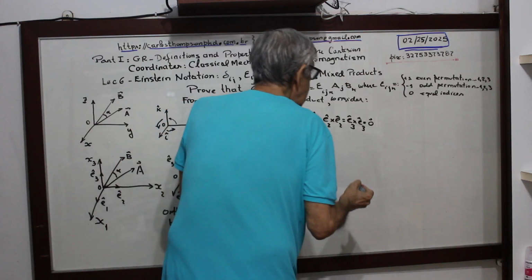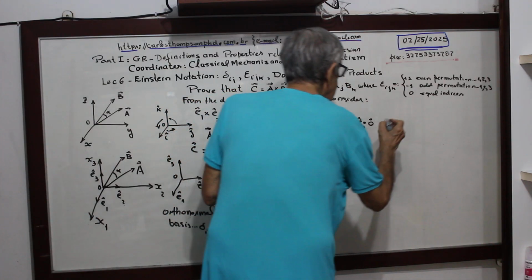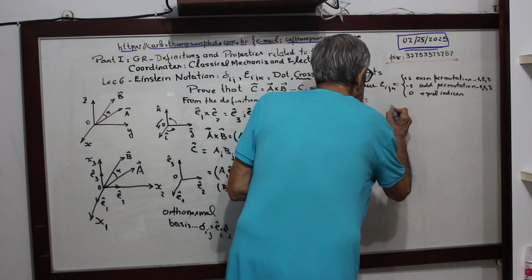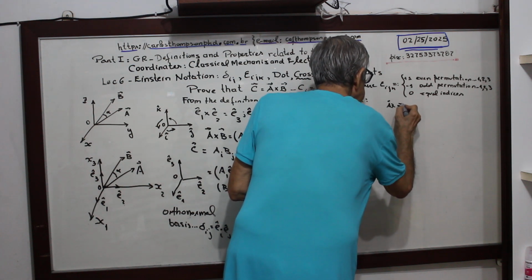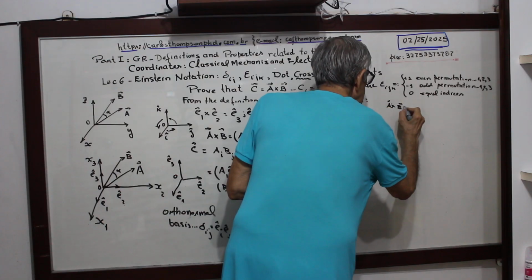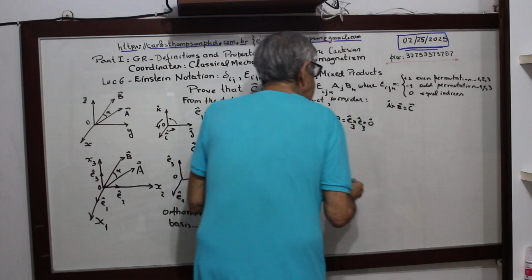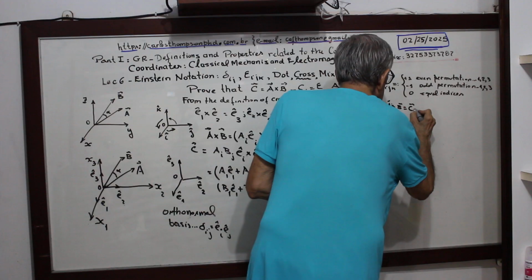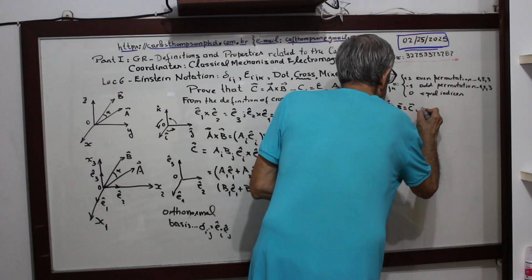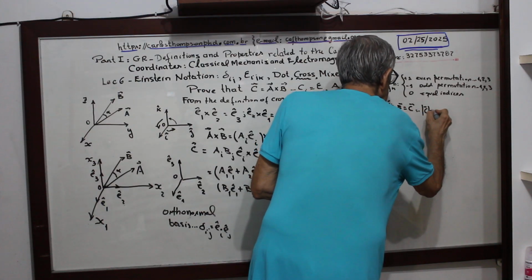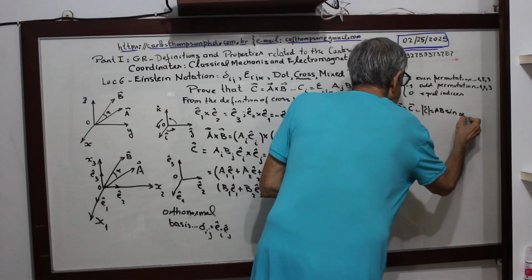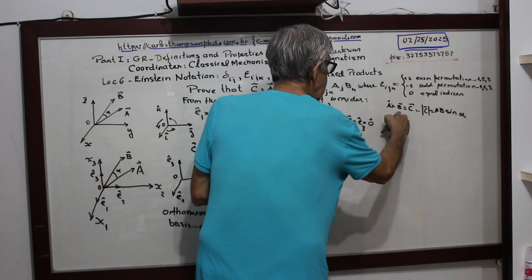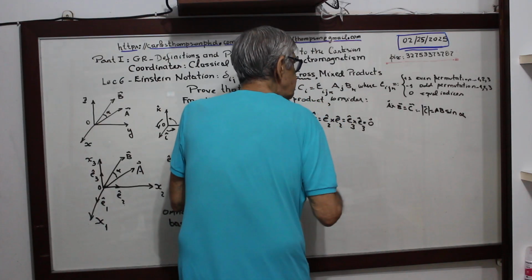Why? Because of the definition, for instance, of A cross B equal to C. This is equal to AB sine of alpha, where alpha is the angle between A and B, from the previous video.